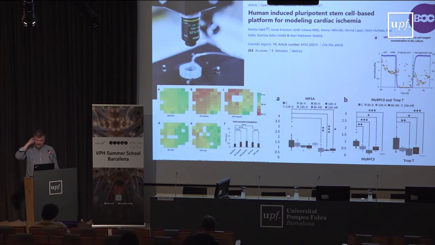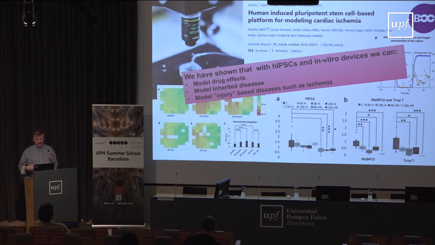And lately, in this Center of Excellence, we have built systems, or Professor Pasi Kallio's group is building a system for controlling oxygen levels. For example, here is oxygen concentration on the dish, and then it's dropped down and up again, and we can see how the beating rate changes, how the activity times change on these cells, and how the electrophysiology changes.